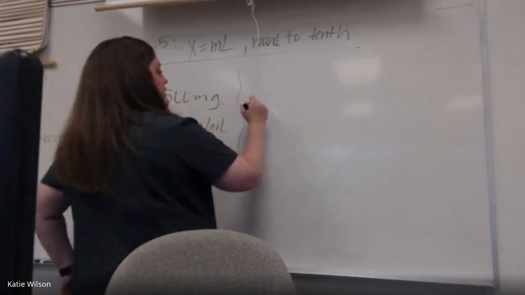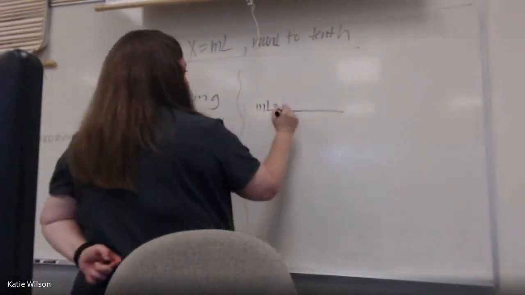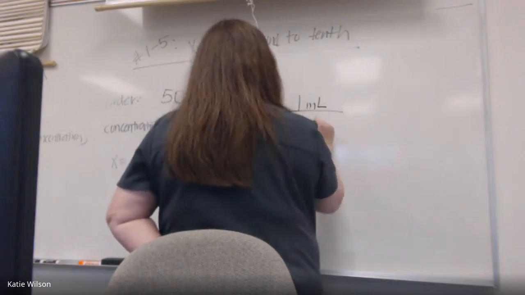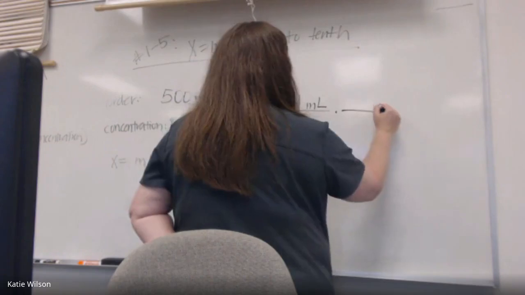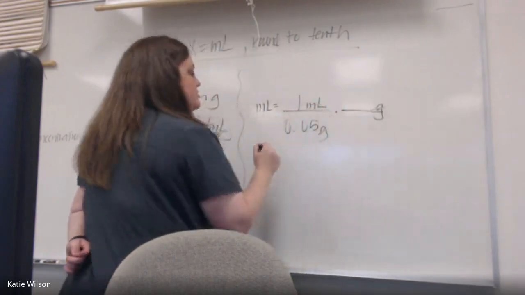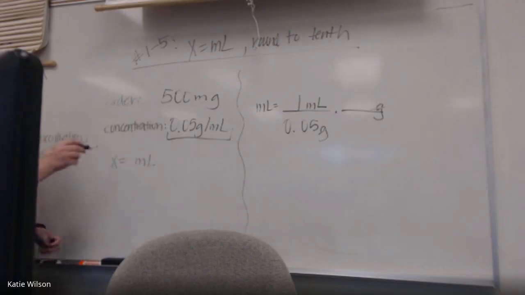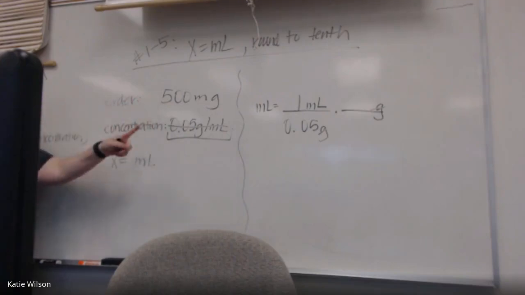Okay, I'm solving for milliliters. My concentration is 1 milliliter, 0.05 grams. So I want to cancel out grams and leave milliliters on the top. So what else is left related to grams? Nothing, but it tells us that the order is 500 milligrams. So that lets me know I need a conversion factor of grams to milligrams.